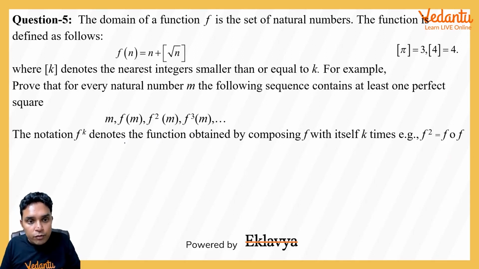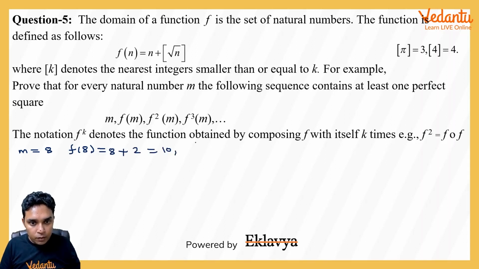So just to give you the feel of this question, let me take one value of m, let us say 8. Then f(8) will be 8 plus the integer part of root 8, which will be 2. So this will become 10. Now f² of 8 is f of 10. If we do it for 10, it will be 10 plus the integer part of root 10, which will be 3, so we get 13.